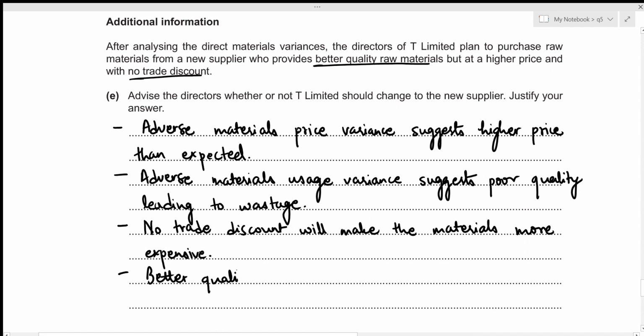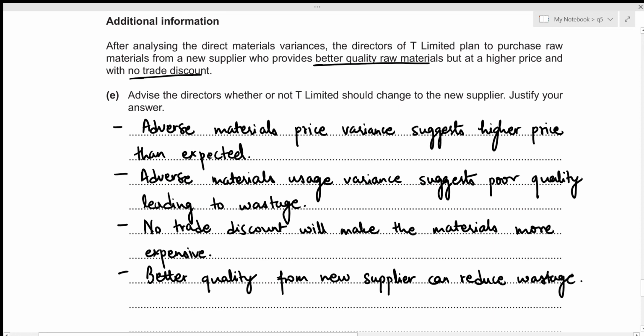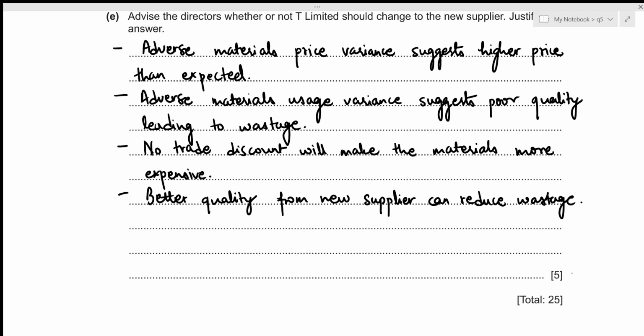Better quality from new supplier can reduce wastage. Okay. And since we're talking about a new supplier, we do not know whether the supply of raw materials from new supplier will be reliable or not.